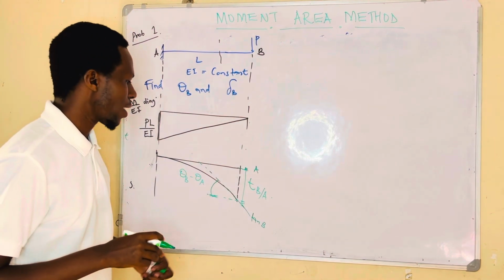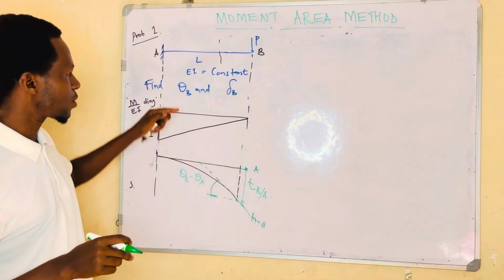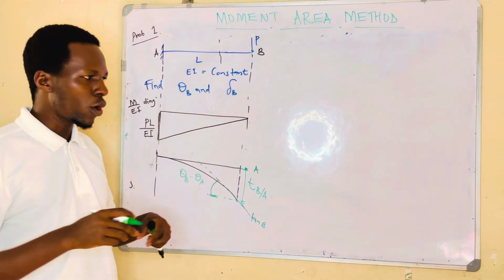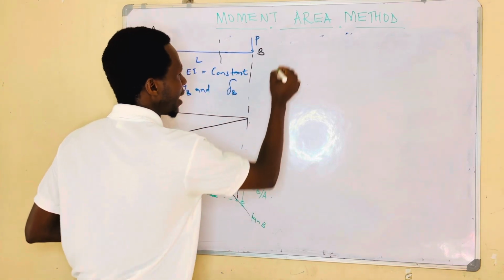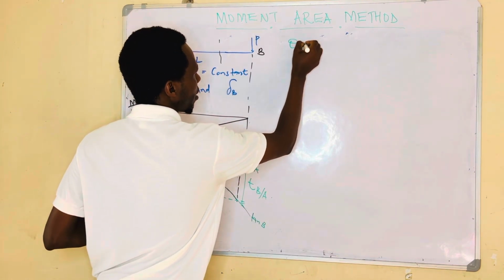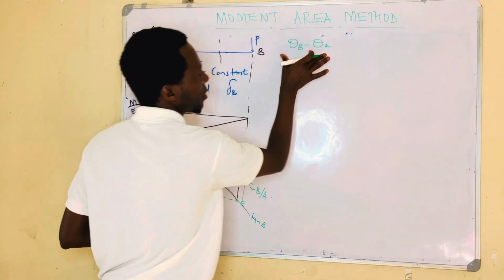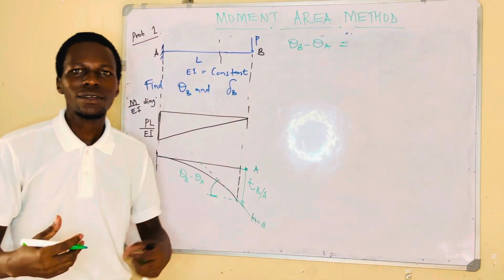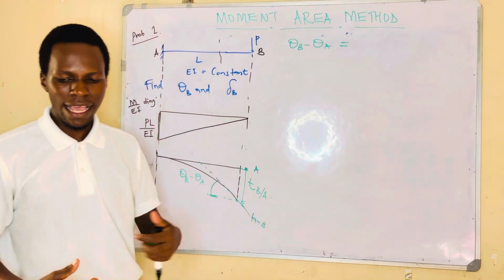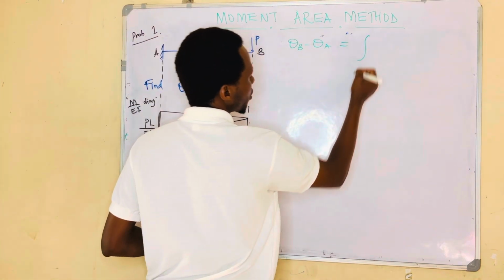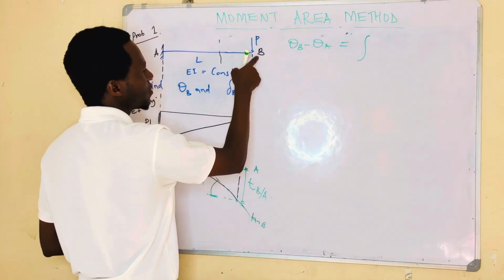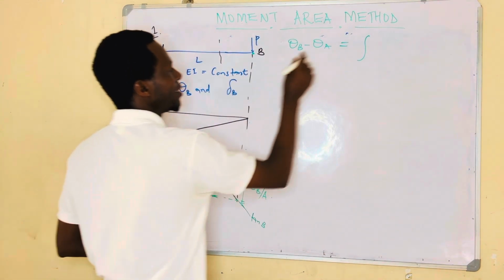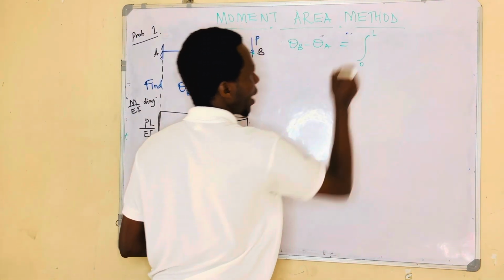Our first theorem will help us solve this first problem. We stated in the first theorem that the change between these two points is equivalent to the area, and this area is the integral from 0 to L, considering this as the origin.